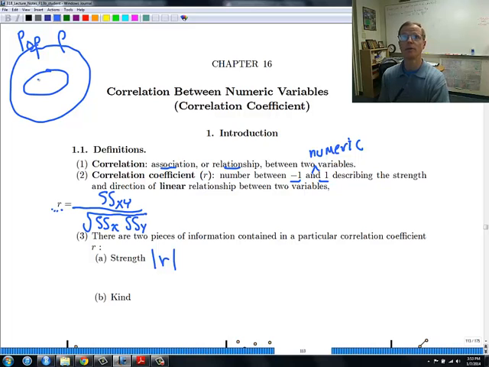Inside of our sample, r is the statistic. That's the sample correlation coefficient. So take the absolute value of r, that gives you the strength, which is the amount or the quantity of relationship, or you could say correlation.